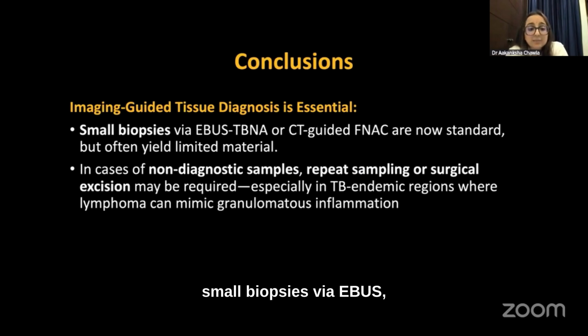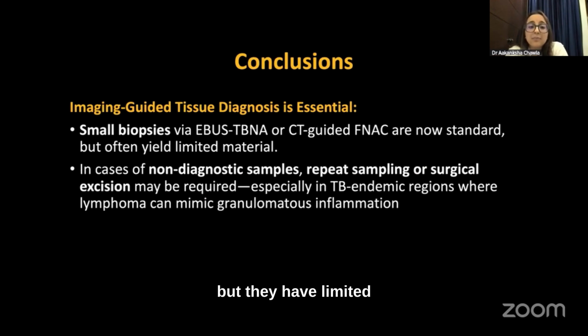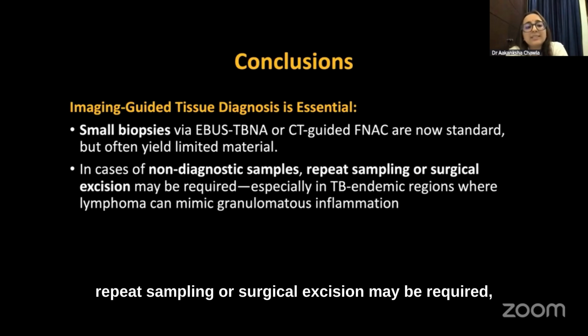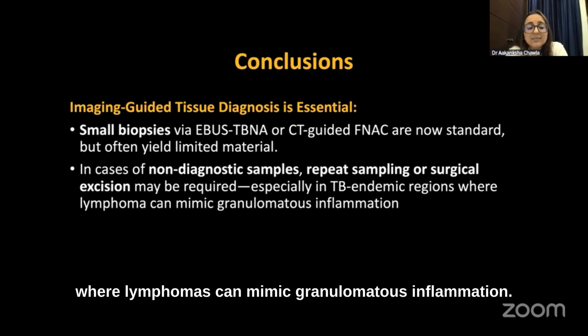Then small biopsies via EBUS TBNA or CT guided FNAC are now a standard and essential, but they have limited yield often. And in non-diagnostic cases, repeat sampling or surgical excision may be required, especially in TB endemic regions like ours, where lymphomas can mimic granulomatous inflammation.